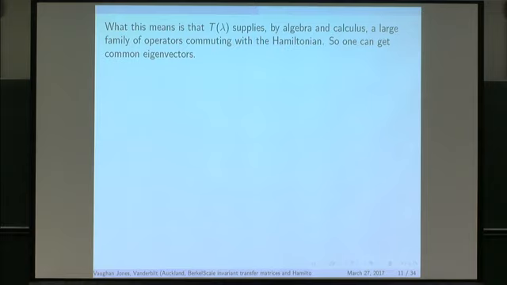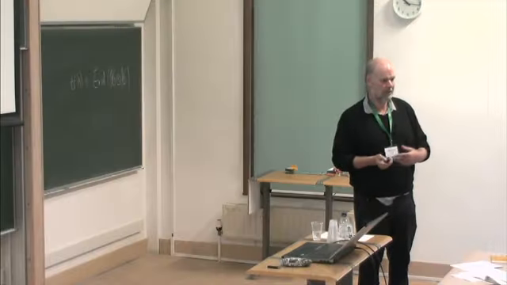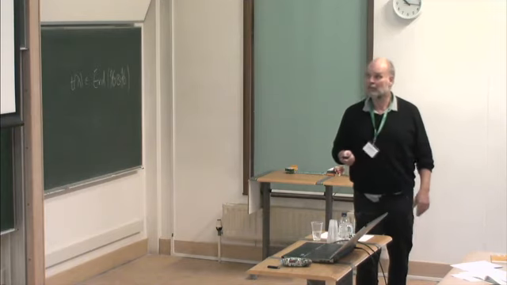Okay? And you can also get more Hamiltonians. If you start differentiating twice, 3 times, and so on, you'll get Hamiltonians with longer range interactions than just nearest neighbor, but still local in some sense.